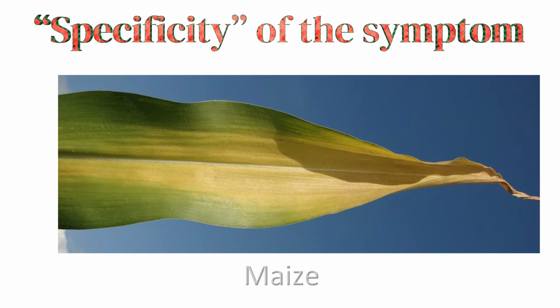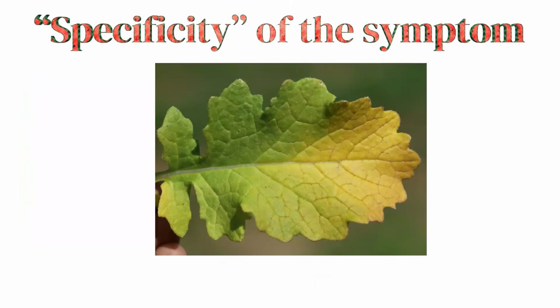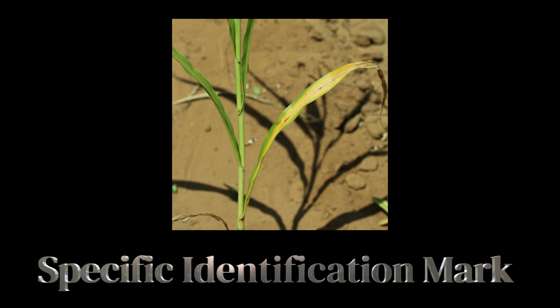Specificity of the symptom. A pale yellow chlorosis begins at the tip of the older leaves and proceeds towards the base along the midrib in a V-shaped pattern. This is the specific identification mark of nitrogen deficiency.